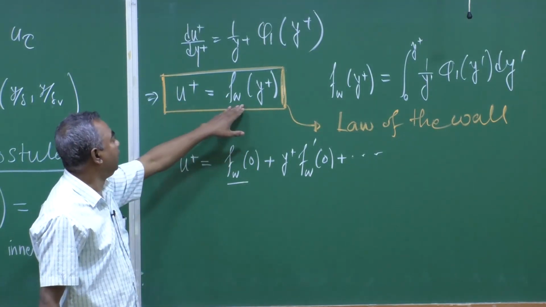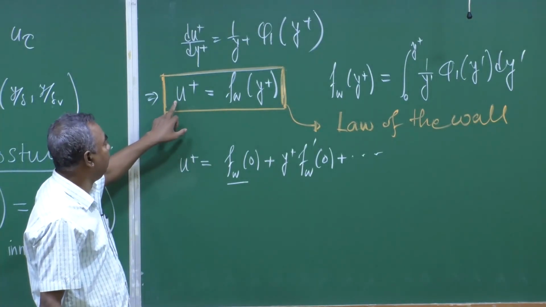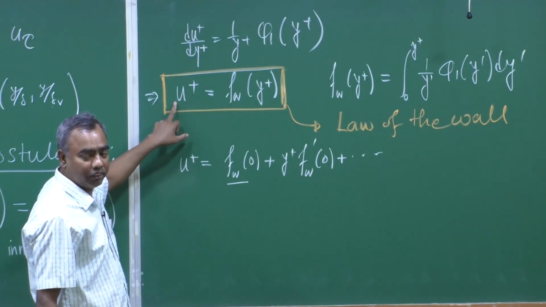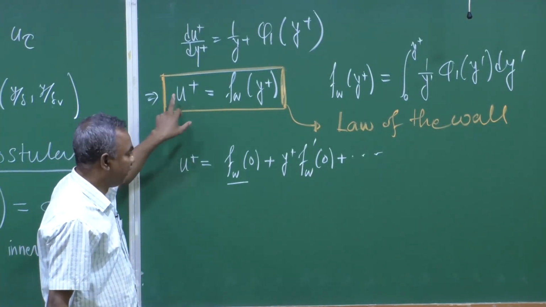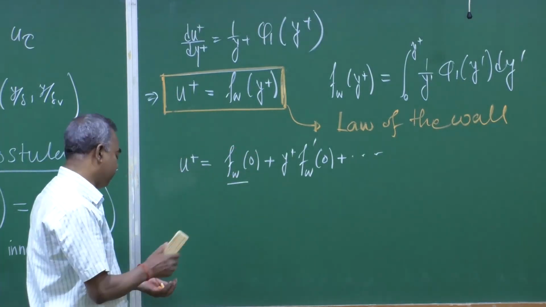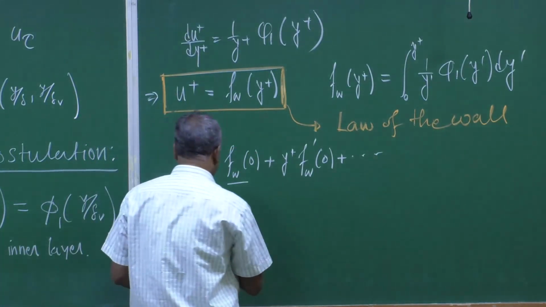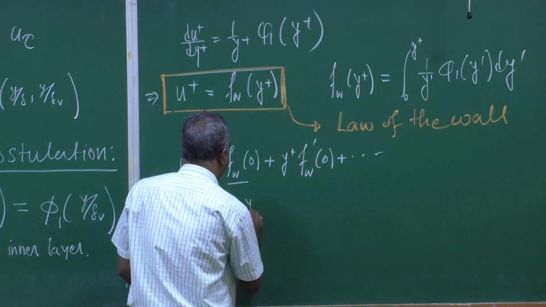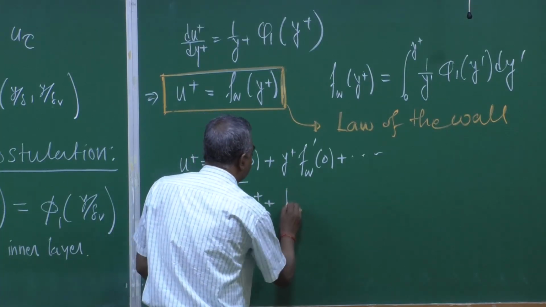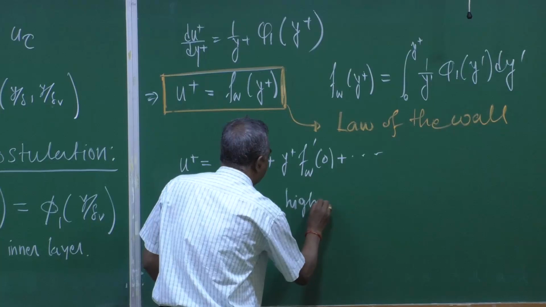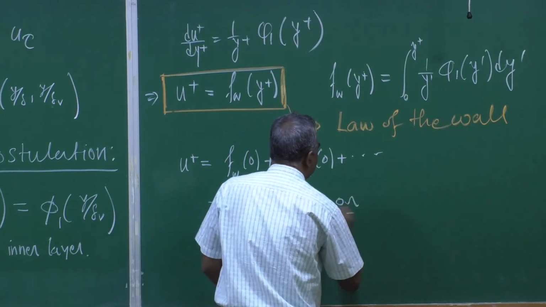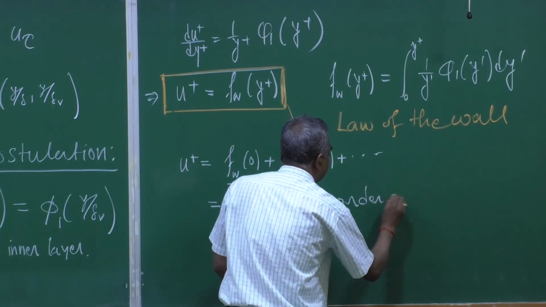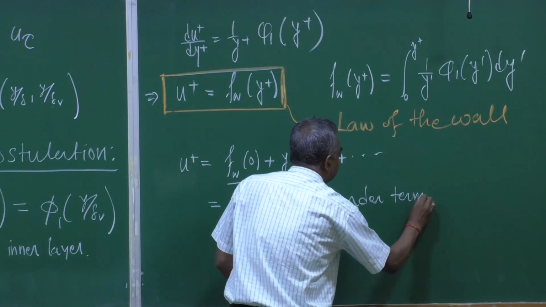If we take the derivative of this function, then this derivative at y plus equal to 0 becomes 1, which we have also seen. So, very close to the wall, this particular equation can be written as y plus plus higher order terms.